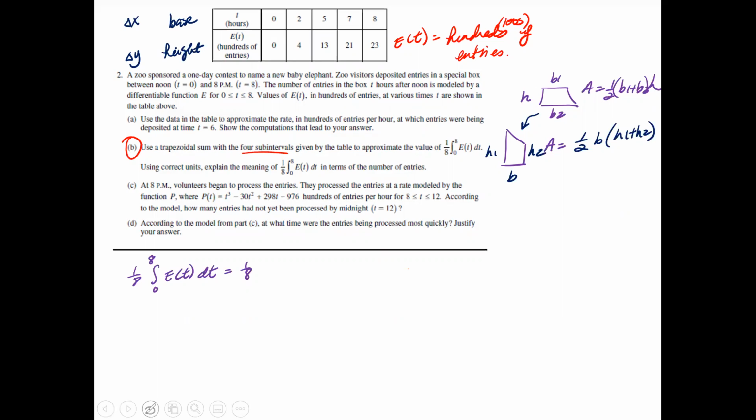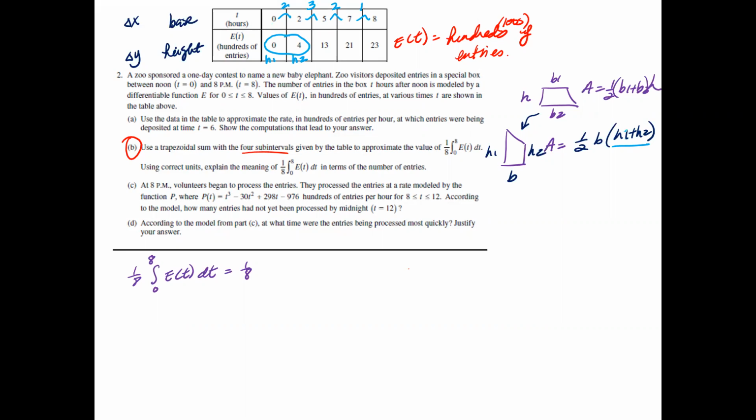Okay, so let's take a look to see what that's going to be. From 0 to 2, the change is 2. 2 to 5, 3. 5 to 7, 2. 7 to 8, 1. Now, with this trapezoid, you have two heights, height 1 and height 2. So here's your height 1 and height 2.